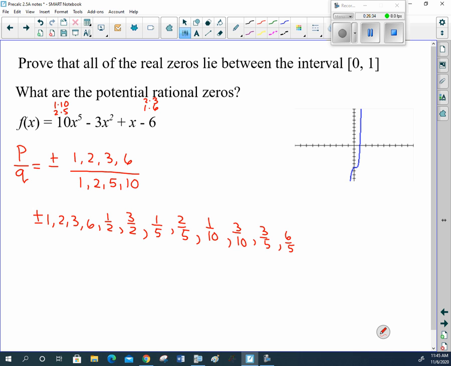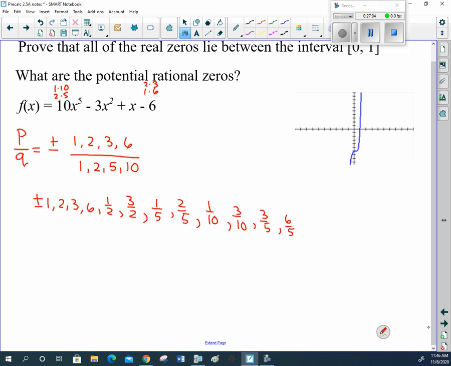If you want to make sure that all of the real zeros lie between 0 and 1, aren't we really looking for an upper bound and a lower bound? That's what we're trying to prove, right? So let's run 0 through the chart, and let's run 1 through the chart and see what happens. If it turns out to be an upper and a lower bound, boom, we're done. We know they're all between those two numbers. So this was just an exercise getting all those rational zero choices.